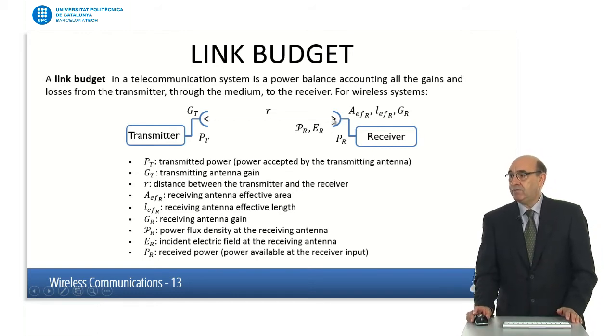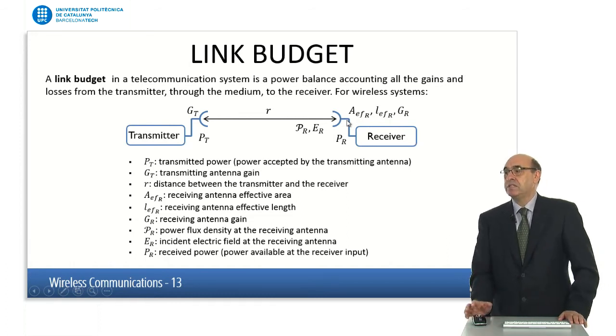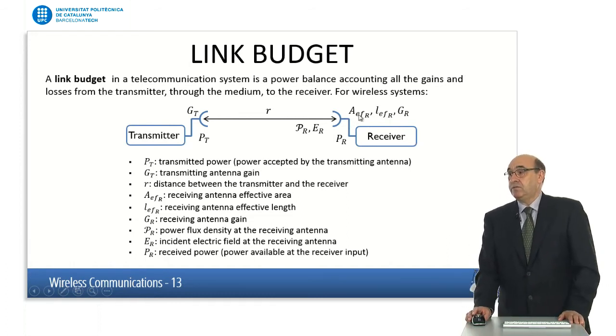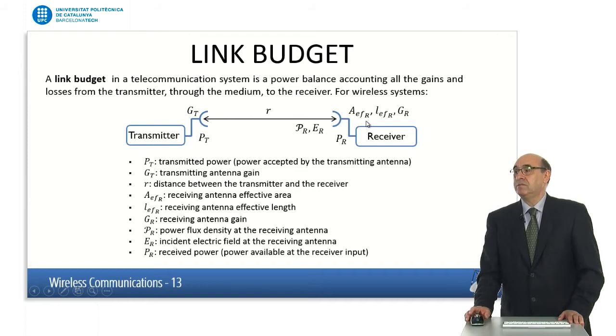And now we have the receiving antenna. In the receiving antenna we may have different parameters that are related, but here you have the main ones. The effective area, the effective length, and the gain of the receiver antenna. That gain will be the gain of this antenna when it's radiating, which is related to the effective area of the antenna.